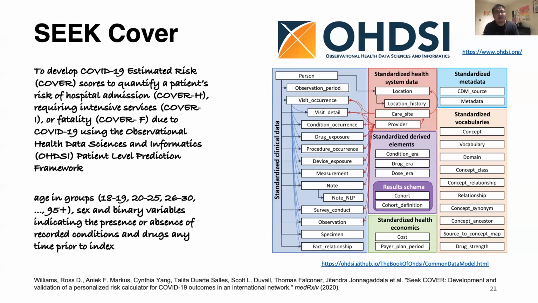In total, they obtained about 32,000 candidate predictors indicating the presence of those unique conditions and drugs recorded prior to the index date. 75% of patients were used to develop the prediction model, and the remaining 25% was used for validation. They trained a model using LASSO with threefold cross-validation to tune the parameters.